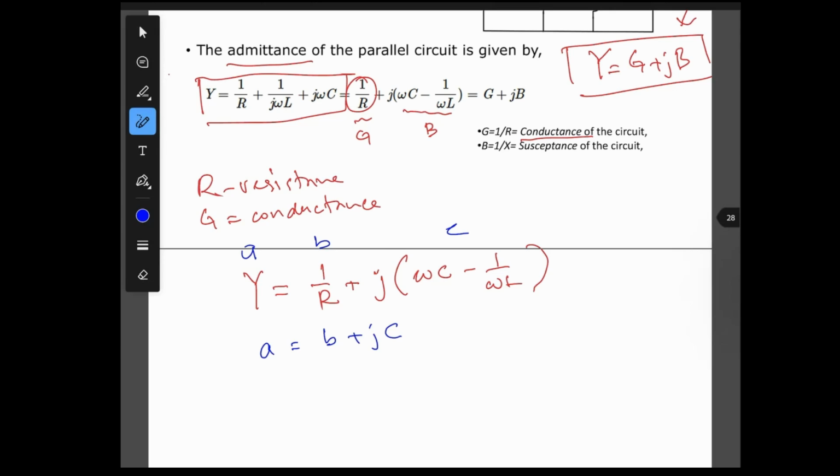When we plot it, we have a graph of the complex number: this axis is real and this axis is imaginary. The imaginary part belongs to C, and the real part is B.